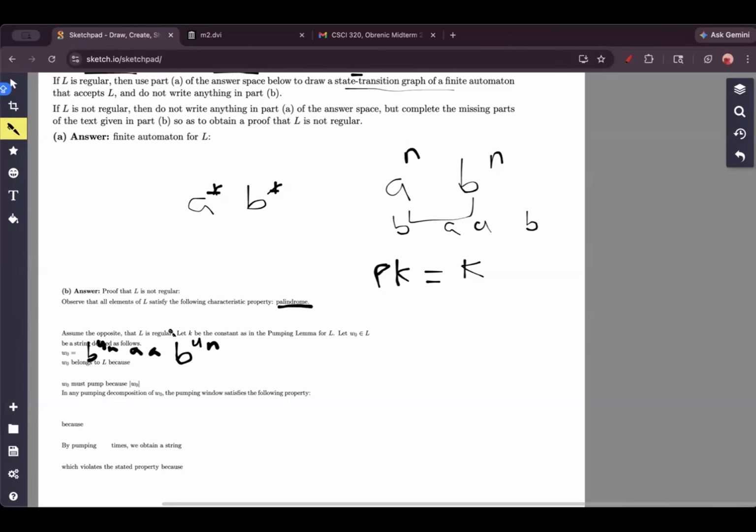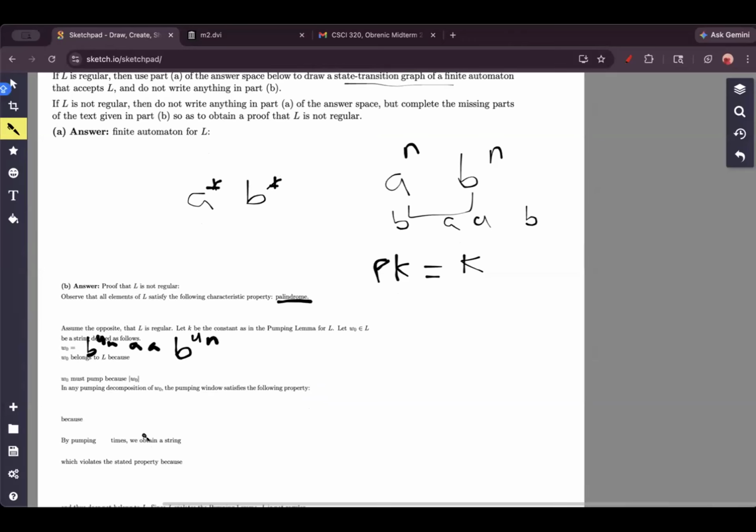And then you just state the property over here: W0 must pump because the length of W0 is a long string. What that means is that it's going to be greater than our pumping constant.